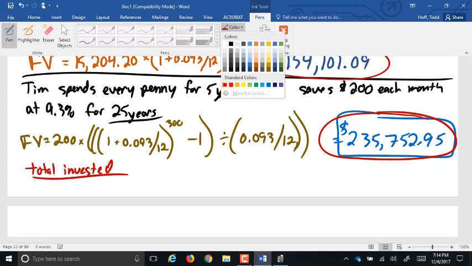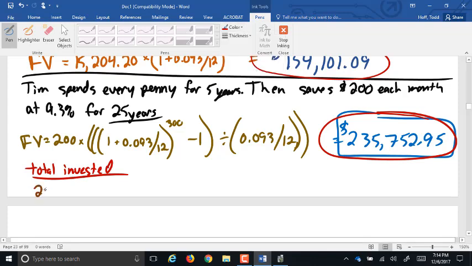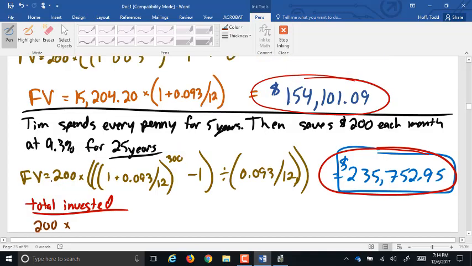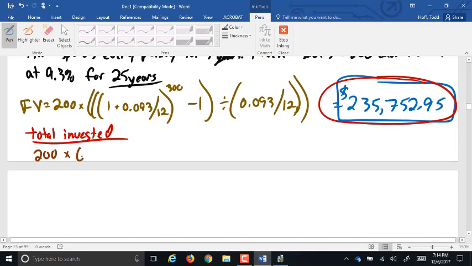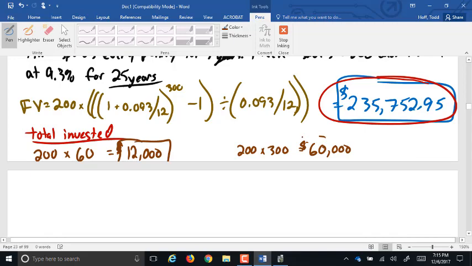For the first one, Tim invested $200 a month for how many months? 60 months. $12,000 is all that Tim invested there, isn't it? For the second one, Tim invested $200 a month for 300 months. 60,000.